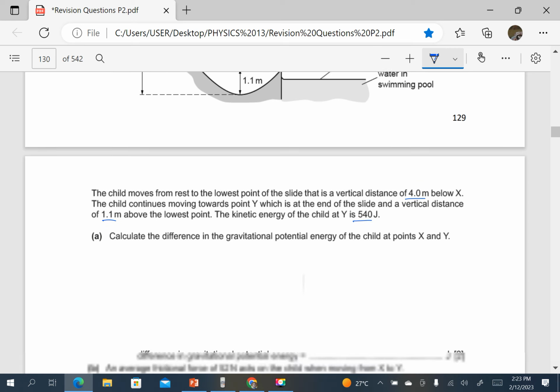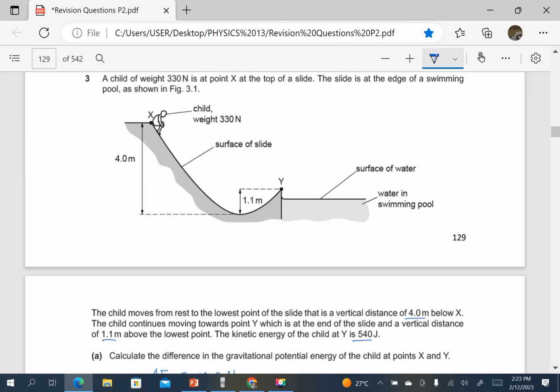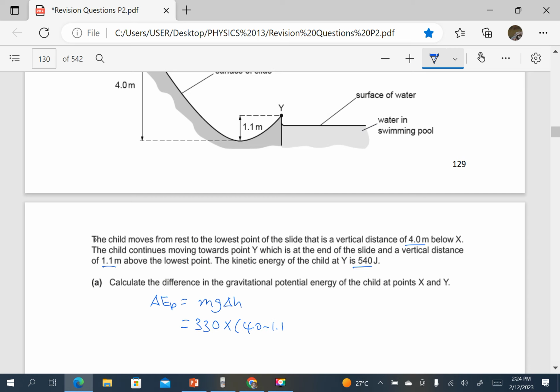So we want the difference in gravitational potential energy. That is going to be equal to mg times the difference in the height h. Do we have the mass? They gave us the weight. So mg is the weight, which is 330 times the change in height, which is 4.0 minus 1.1.